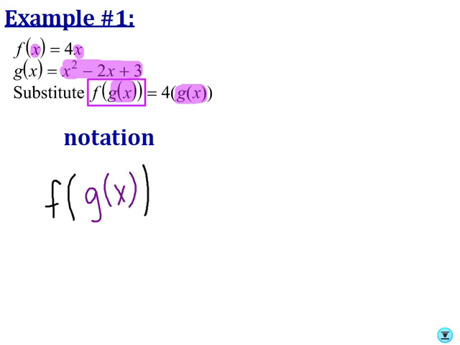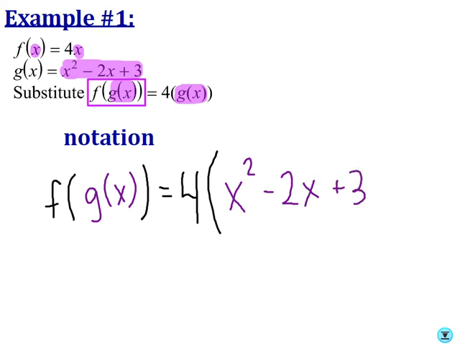This just tells other people what we're doing and how we are composing our functions. 4 of, and I'm going to plug in that g of x function, minus 2x plus 3.